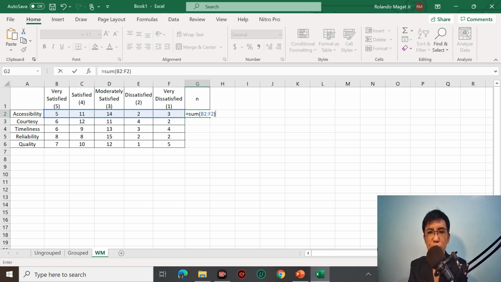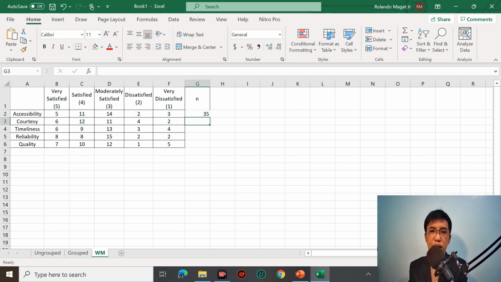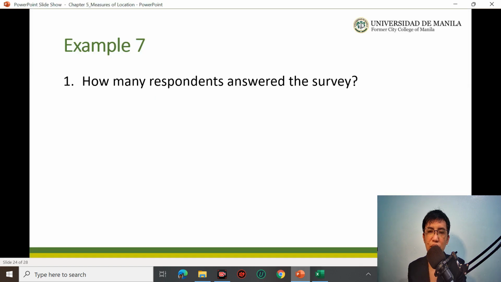Okay, and close parenthesis and enter. So 35 according to the formula. And let's see if it's consistent. Okay, so it's 35. Notice, dapat pare-pareho to, 35. So, there are 35 respondents all in all. Okay, who answered the survey, that particular government agency, City of Manila.